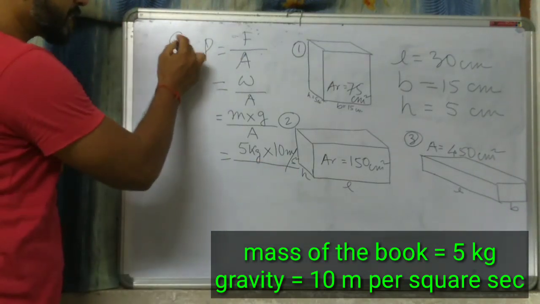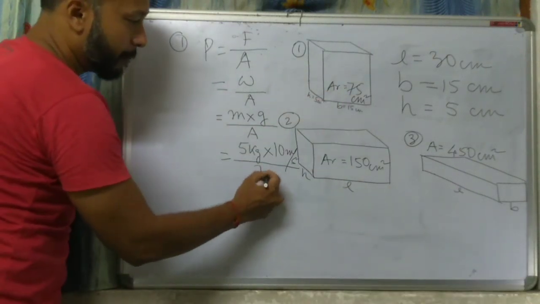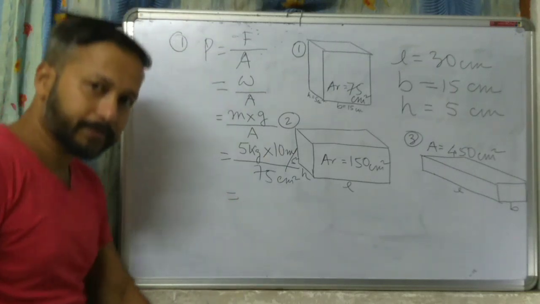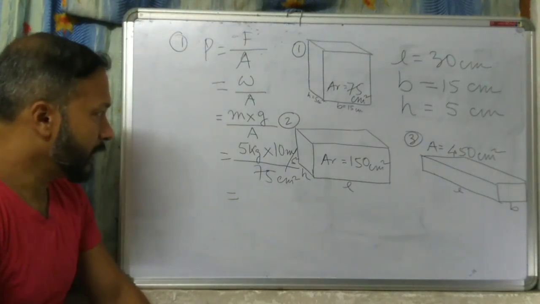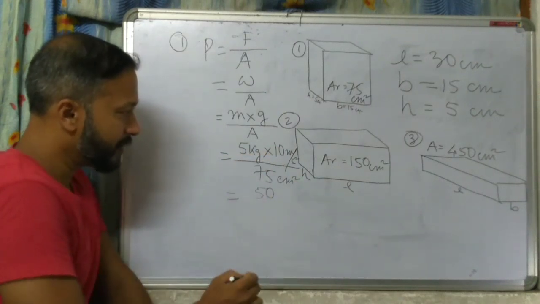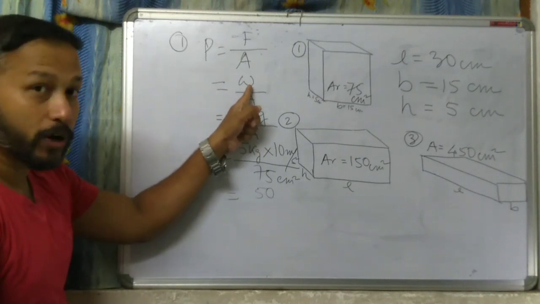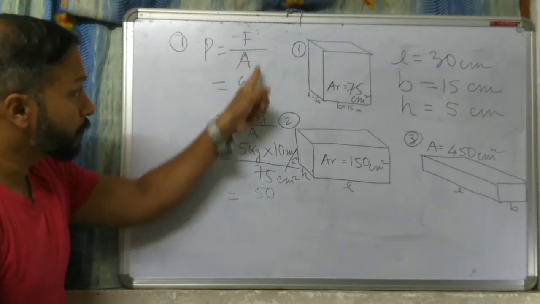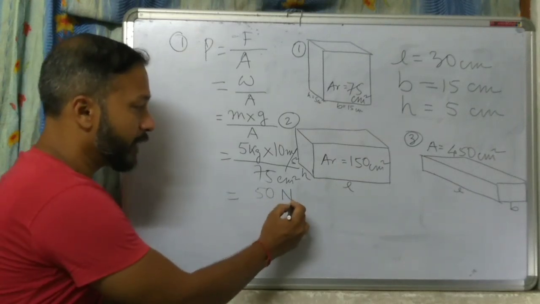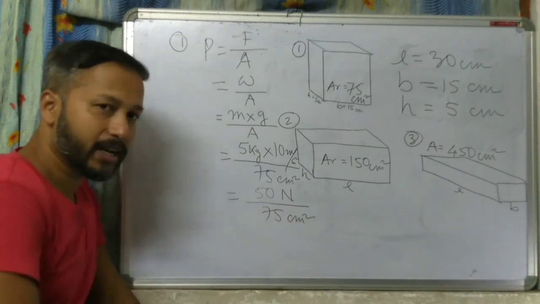So for the first case, what is the area? 75 centimeter square. Understood? Now 5 into 10 is 50. What is the unit of weight? I told you the unit of weight or unit of force is Newton. So 50 Newton by 75 centimeter square.